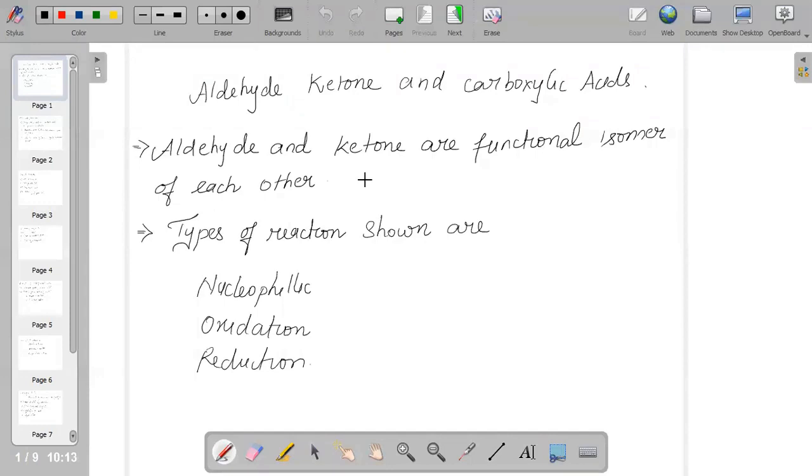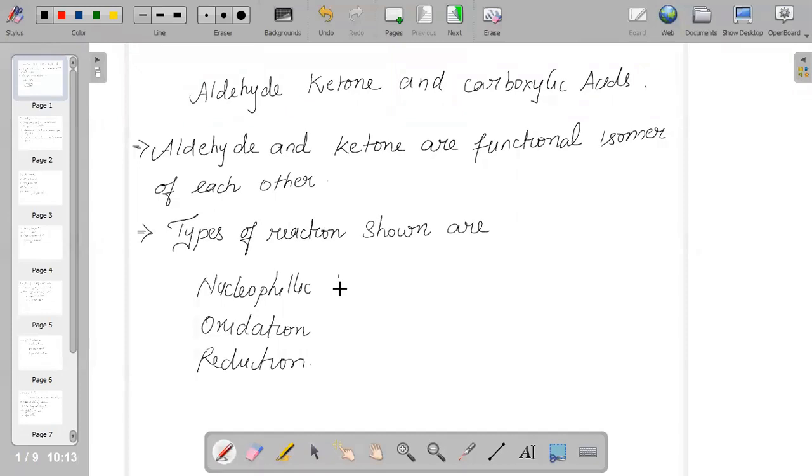Therefore, we could say that it will show addition reaction, and also nucleophilic addition reaction, with loss of water. Secondly, we can say that it will undergo reduction, and it can also undergo oxidation.